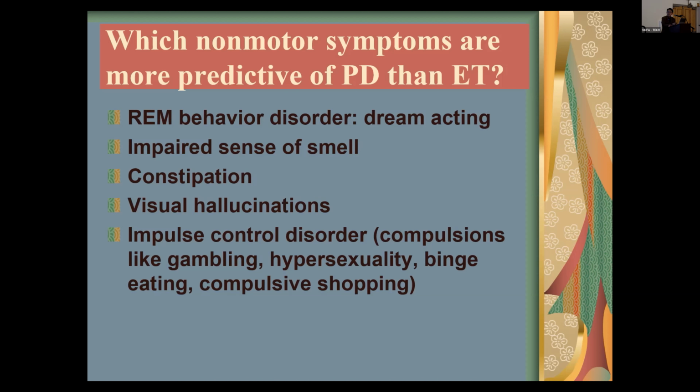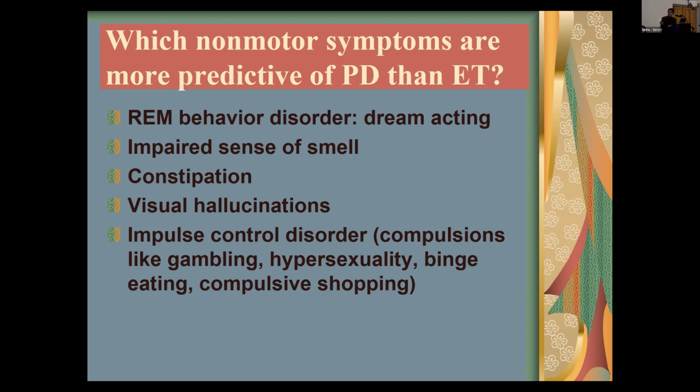So if you have essential tremor and you now develop some non-motor symptoms, which of these non-motor symptoms is predictive of possible Parkinson's, or that you are on the road towards developing Parkinson's down the road? There are a few that are very important and highly associated with premotor or motor stage Parkinson's.